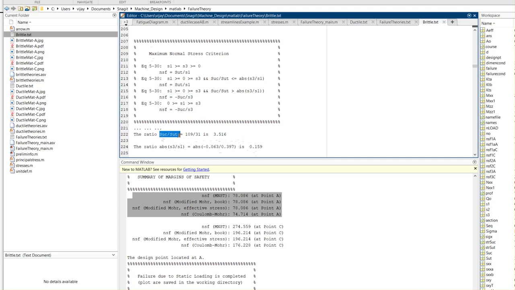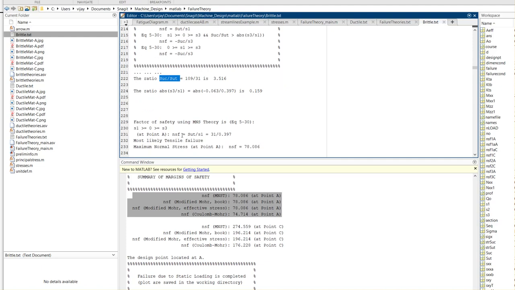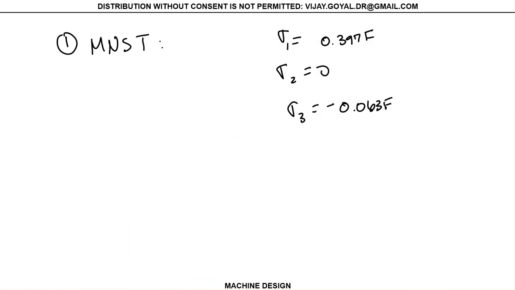Okay, and the value of this stress, this was the same thing as we did before. If you remember, this is giving me SUT divided by sigma 1, which has to be bigger or equal than 1. This was in compression, I am so sorry.